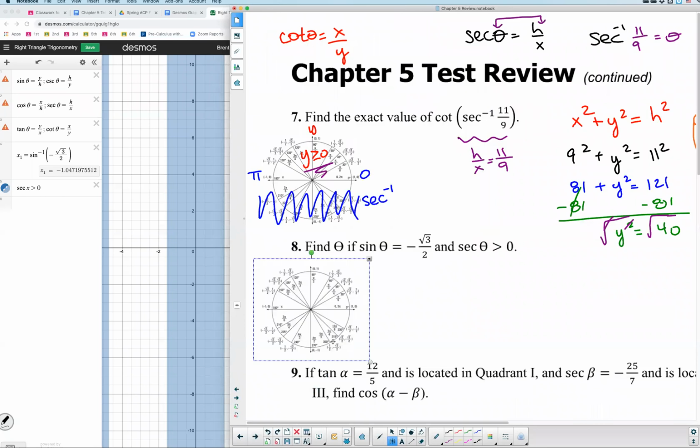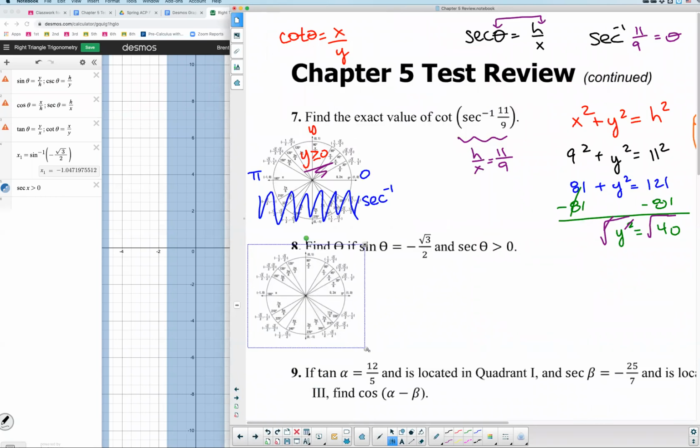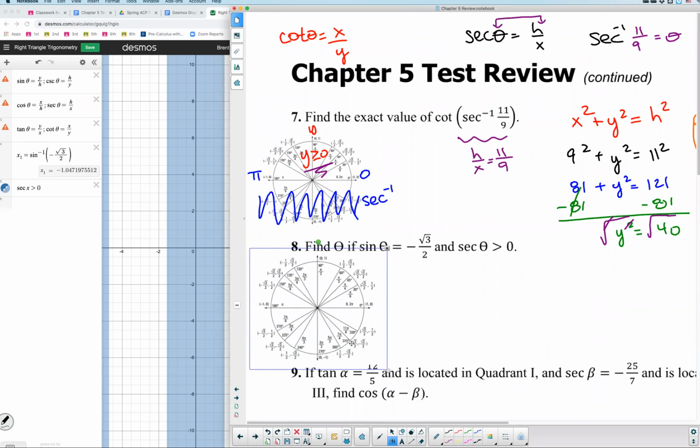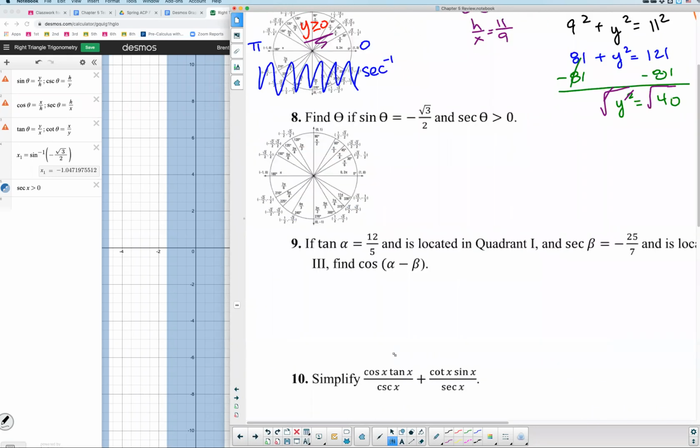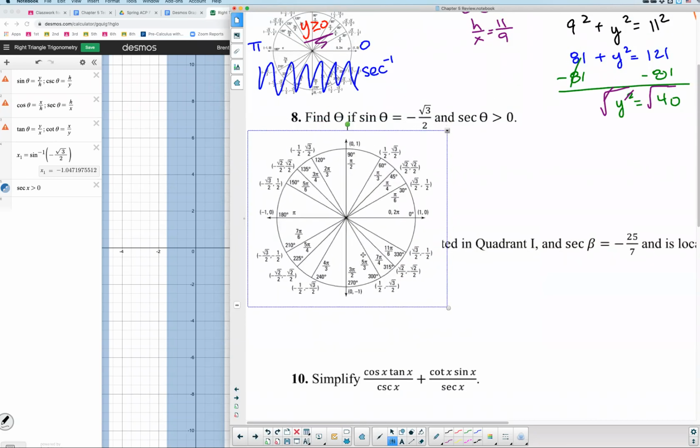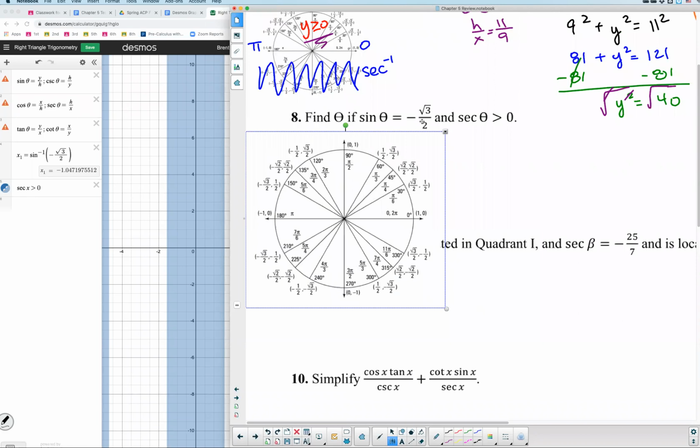Zoom in. It's kind of small. I'll uncover it here in a second. This is saying sine theta has to produce a value that's negative square root of 3 over 2. Remember, on the unit circle, all these coordinate points all the way around are in the form of cosine theta, comma sine theta.